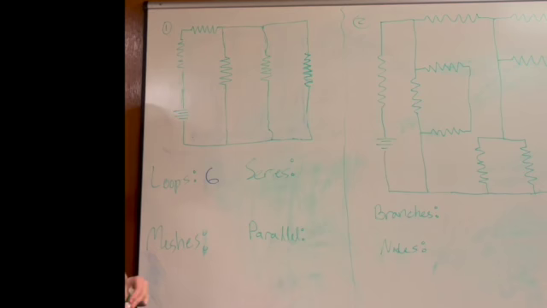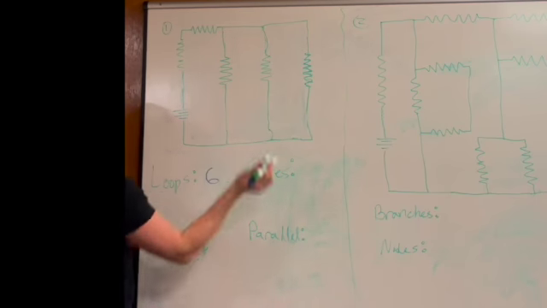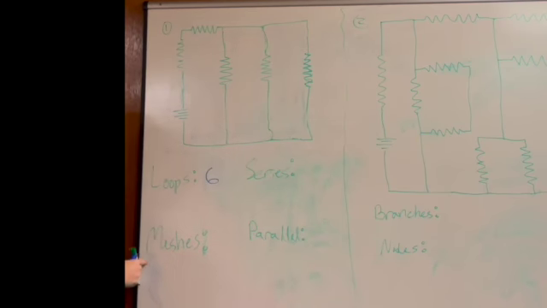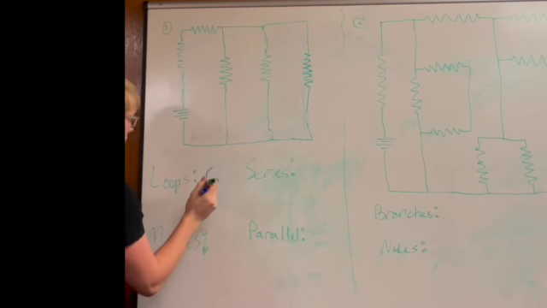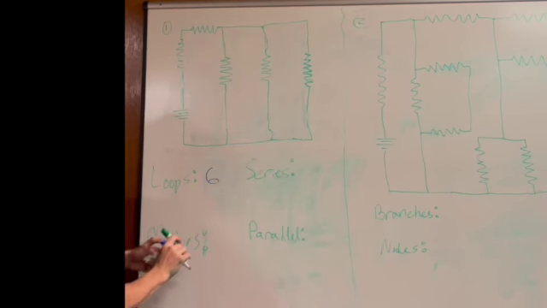So meshes are a little different. Meshes are loops, except there's no internal branches. I guess we're going to explain branches later, but there's nothing internal in a mesh. So in this case, there's only 3 meshes. And like I said, they are loops. So the number of loops in a circuit is always going to be equal to or greater than the number of meshes in a circuit. So here's our first mesh.